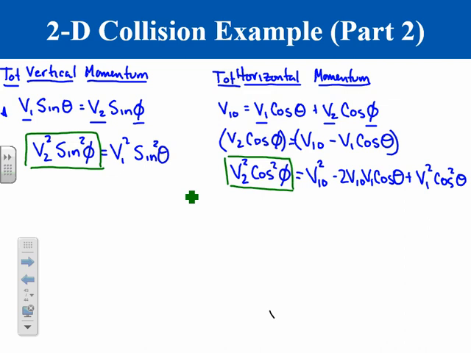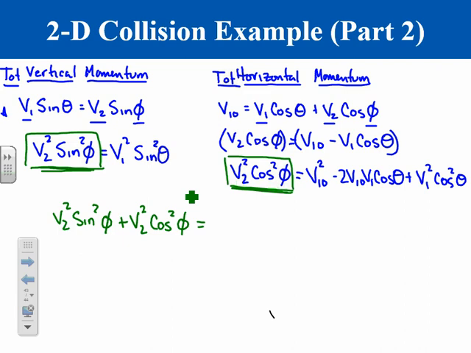So what I'm literally going to do is add these two equations together. I'm going to start with the left side, this v2 squared sine squared psi, plus the left side on this side, v2 squared cosine squared psi. So what do I get? I get v2 squared sine squared psi plus v2 squared cosine squared psi, and then I get an equal sign.